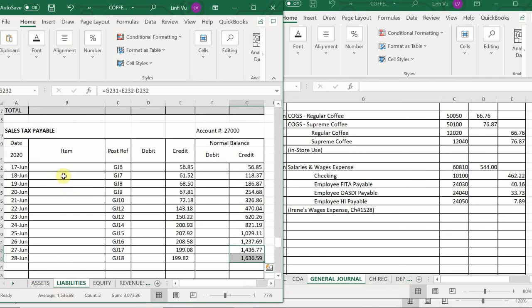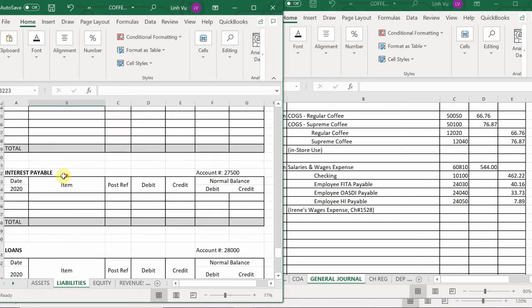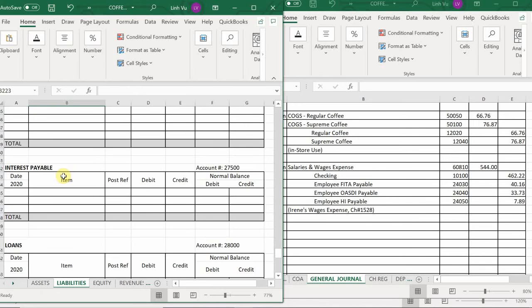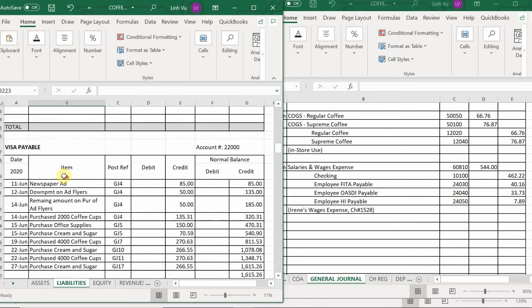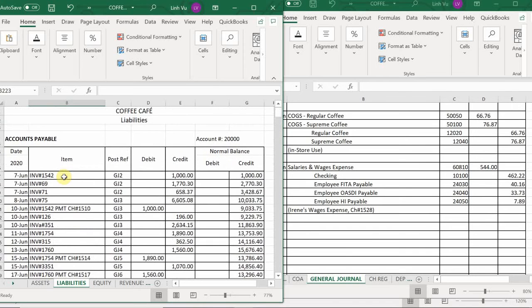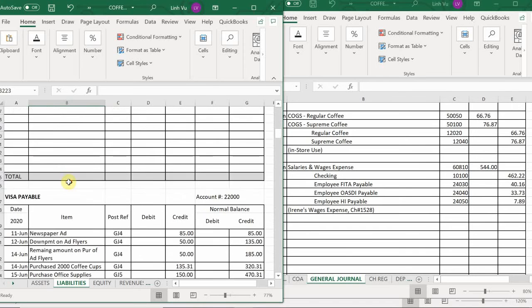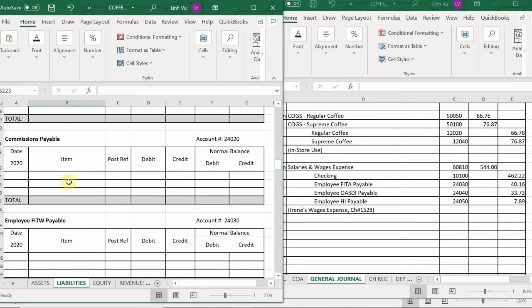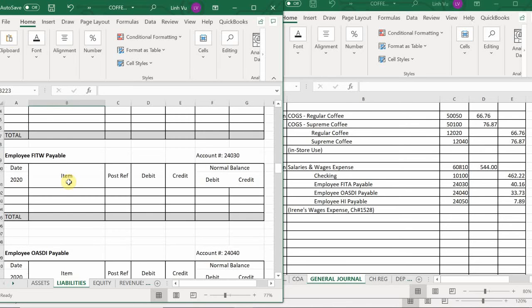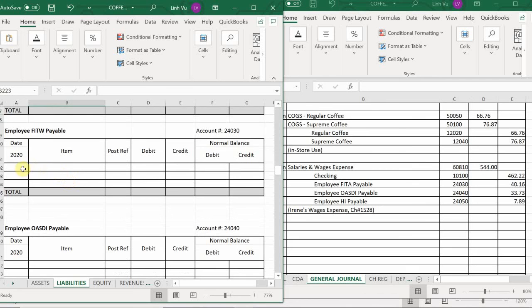So let's head over to our liabilities because now we need to pay into all of our liabilities. Our first liability is our employee FITW payable. We're going to say Irene. General Journal 18.